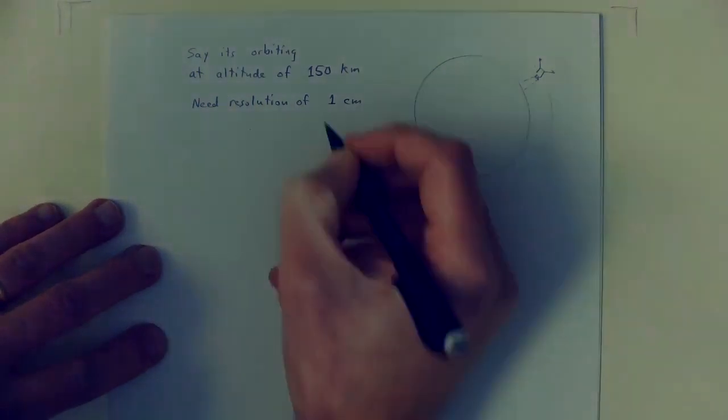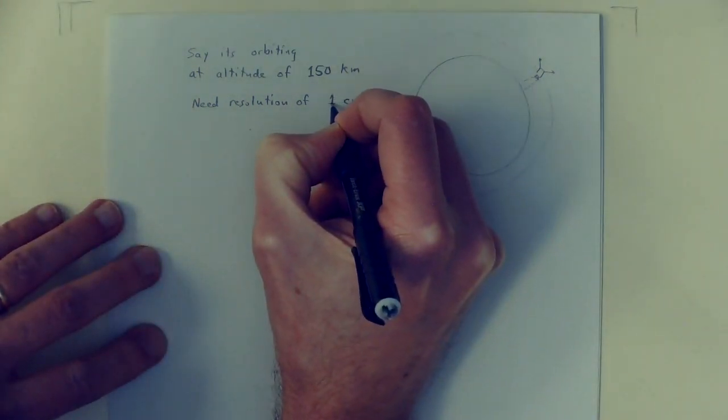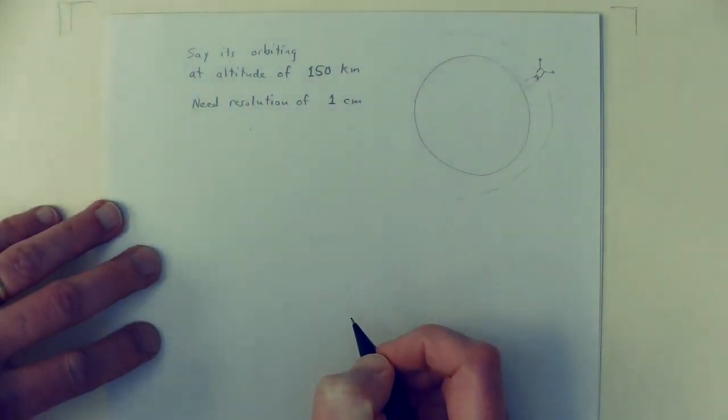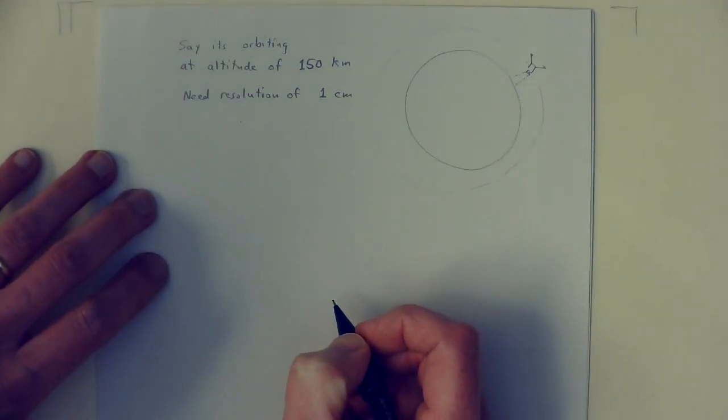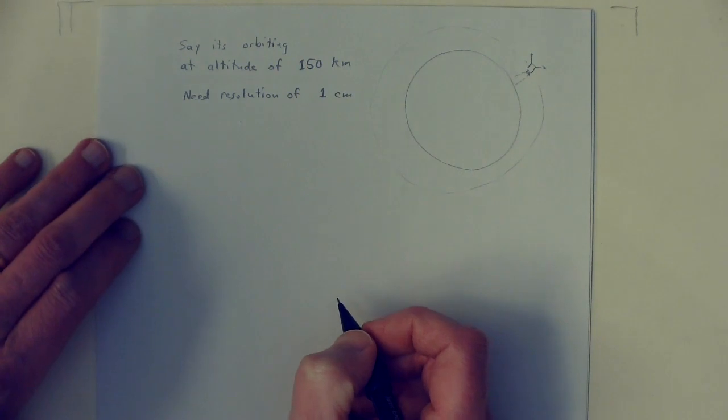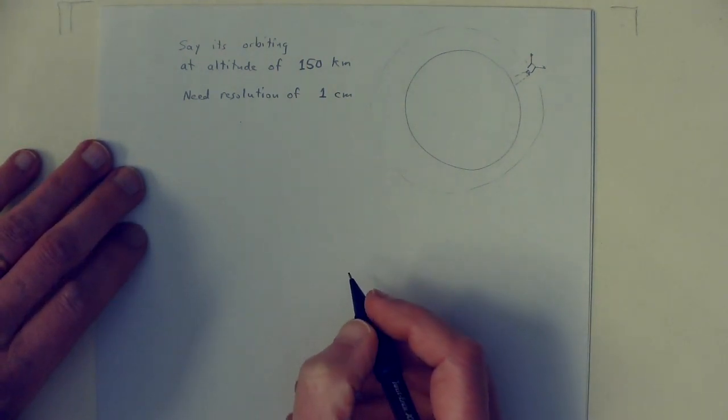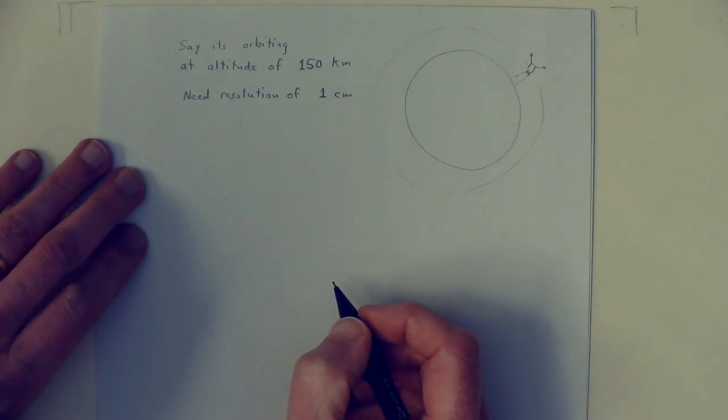If you're in charge of designing one of these satellites and somebody comes to you and says, okay, we want a resolution of 1 centimeter because of what we want to be able to see, what would you then need to design? How large a mirror or lens would be necessary?